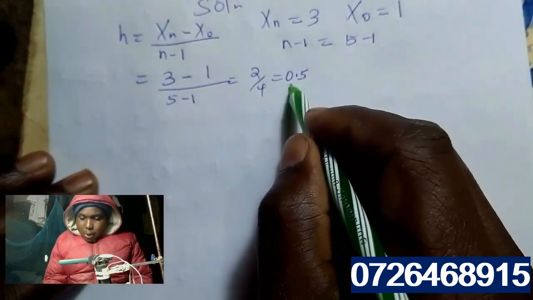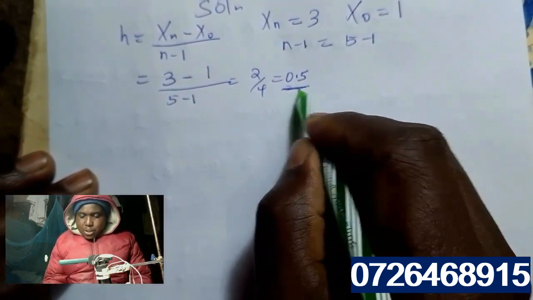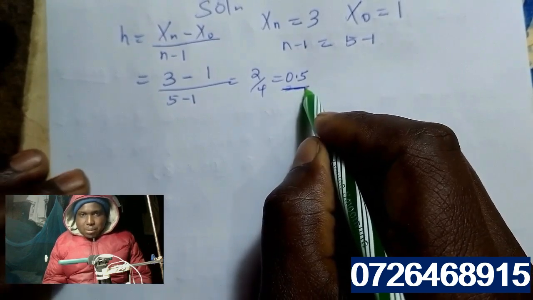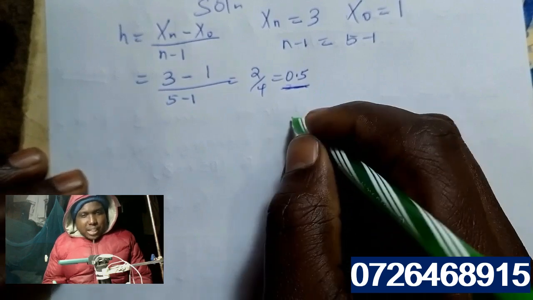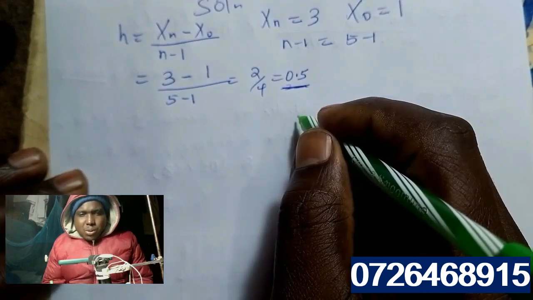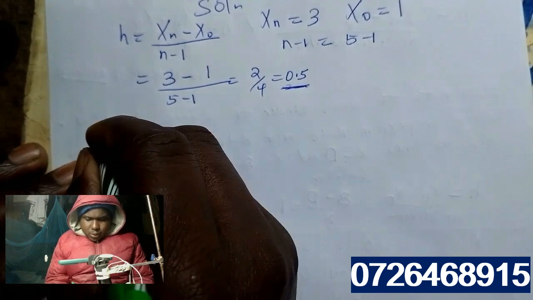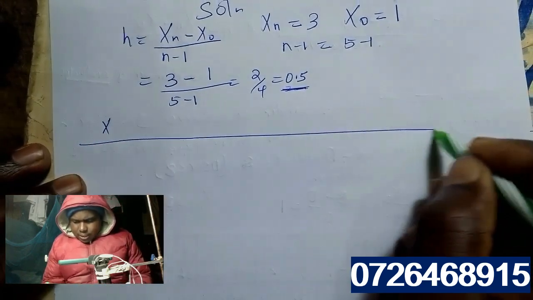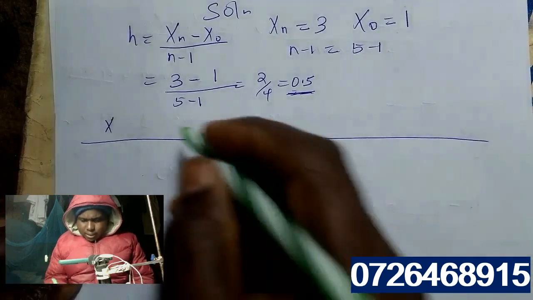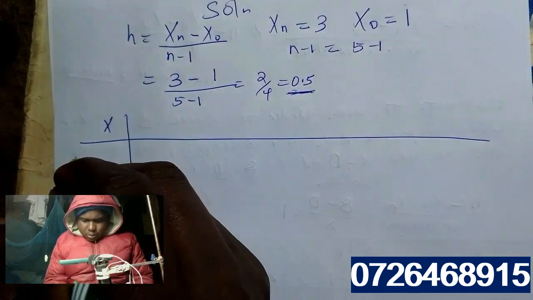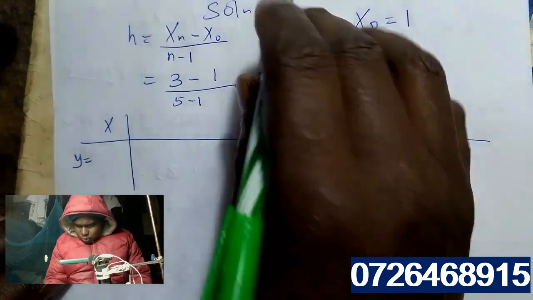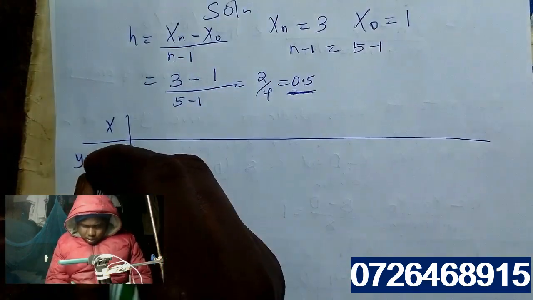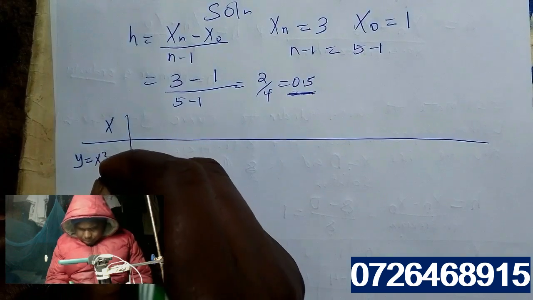Now, this is our width and this is our h, which is going to guide us on how to draw the table. H is important because it guides how to draw the table. So the first thing you calculate is h. Then y is equal to x squared plus 4.